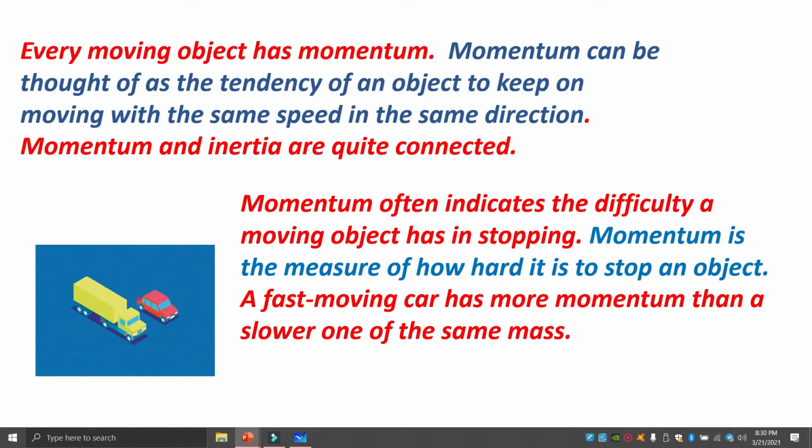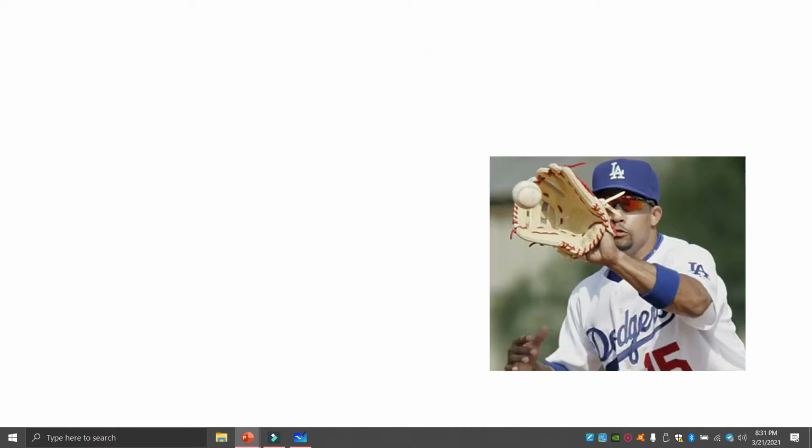You have to be careful here. If they use two objects, you have to see what is different, whether the mass or the velocity. If they use the same mass, it means different velocity. If the same velocity, it means different mass. These are the only two factors affecting the momentum: mass and velocity.